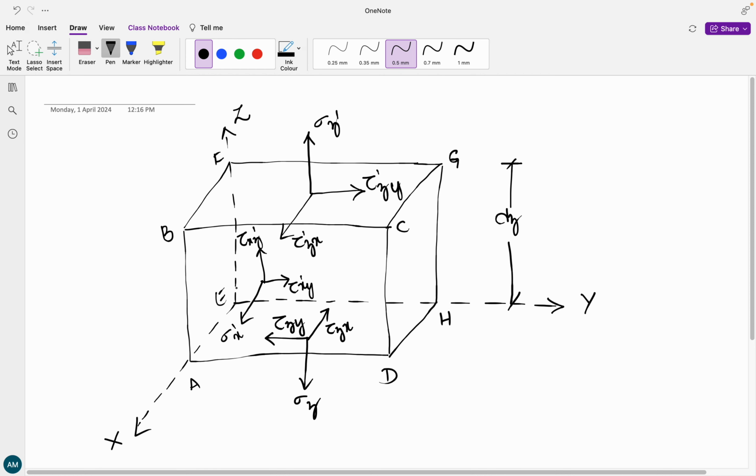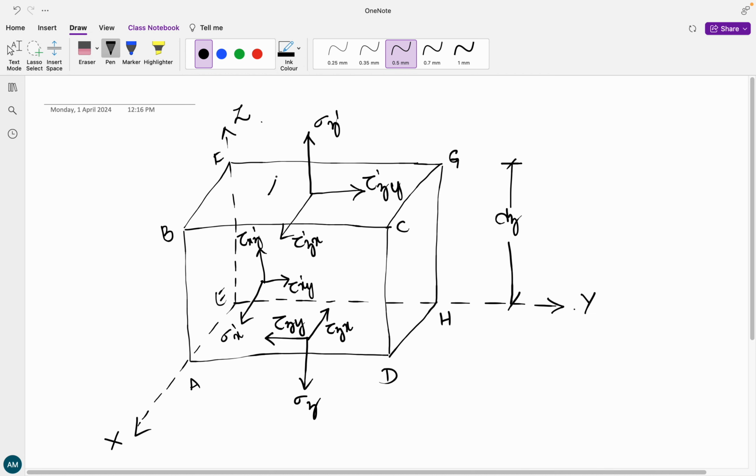So how have I written? I am writing with respect to A, B, C, D, which is in front of E, F, G, H. So this face E, F, G, H lies on the Y and Z plane. Okay, it lies on the Y and Z plane.